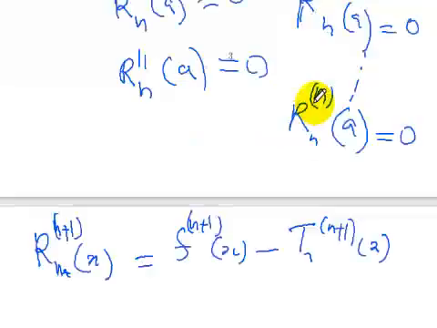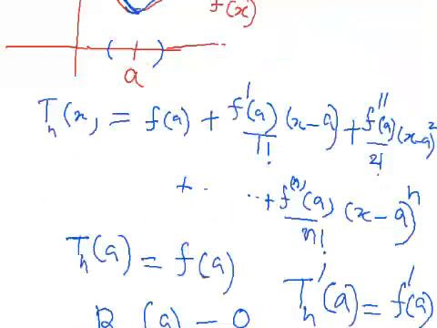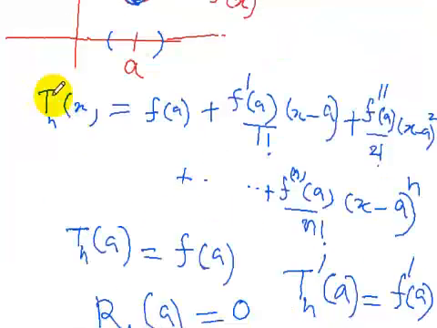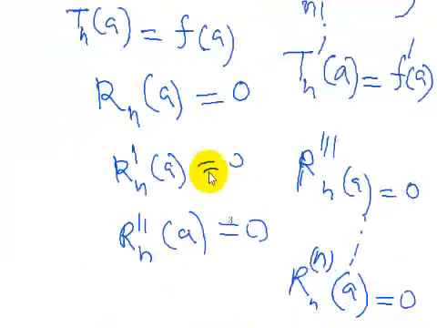So you know that this one is an nth order polynomial because of that. So when you differentiate n plus 1 times, this becomes what? This becomes 0, right?